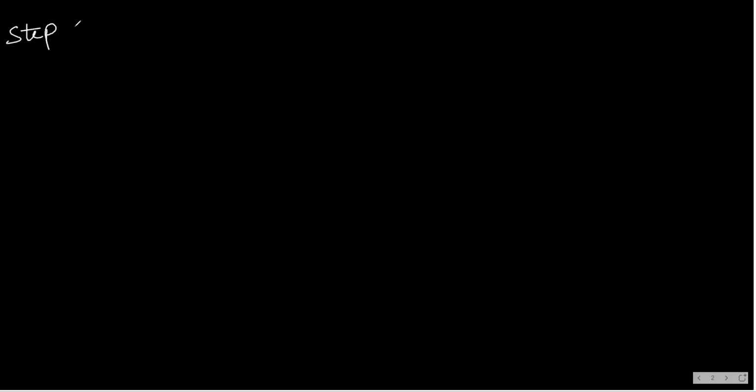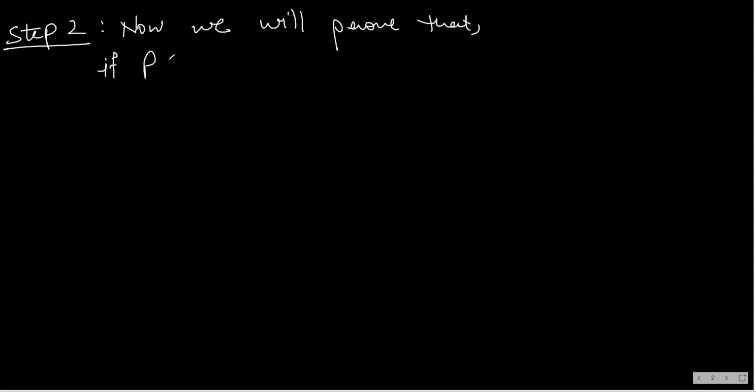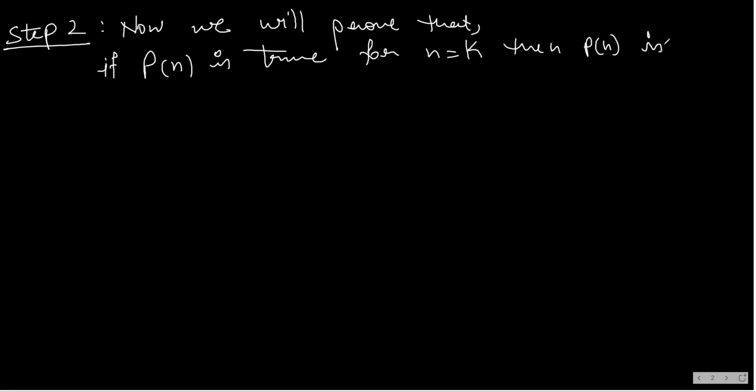Step 2. Now we will prove that if P of n is true for n equals to k, then P of n is true for n equals to k plus 1.